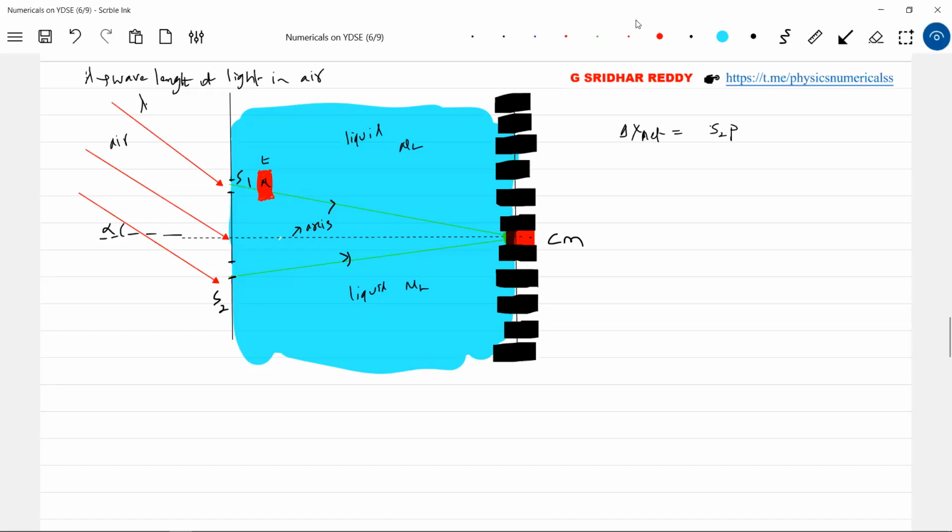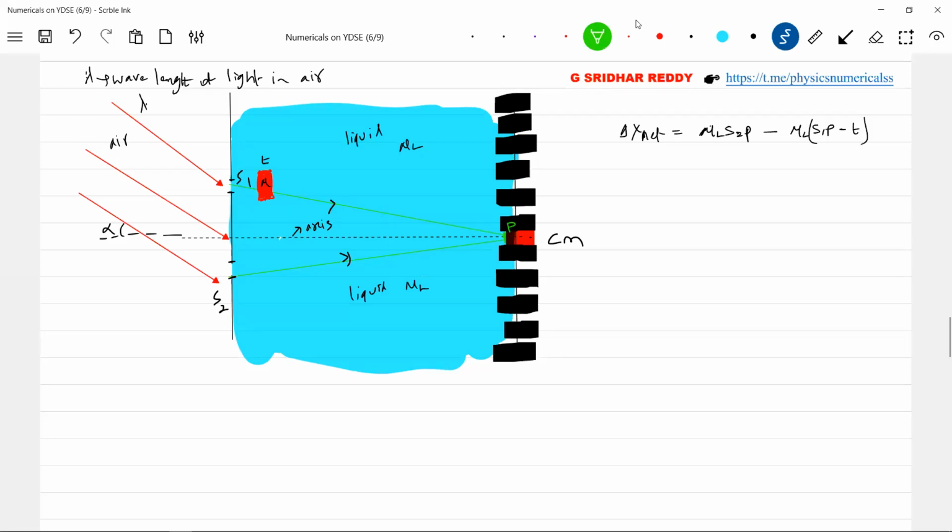The ray is covering S2P distance in liquid, so the optical path length will be mu L times S2P. Then mu L times S1P.